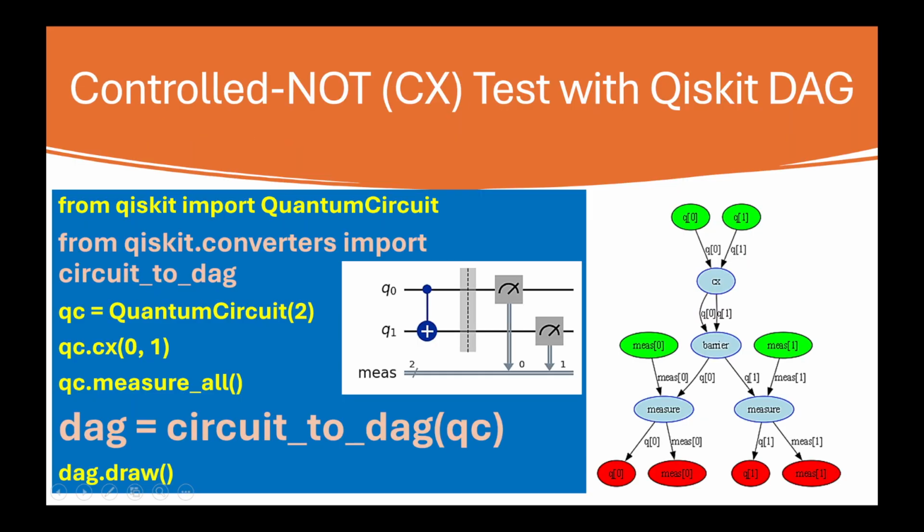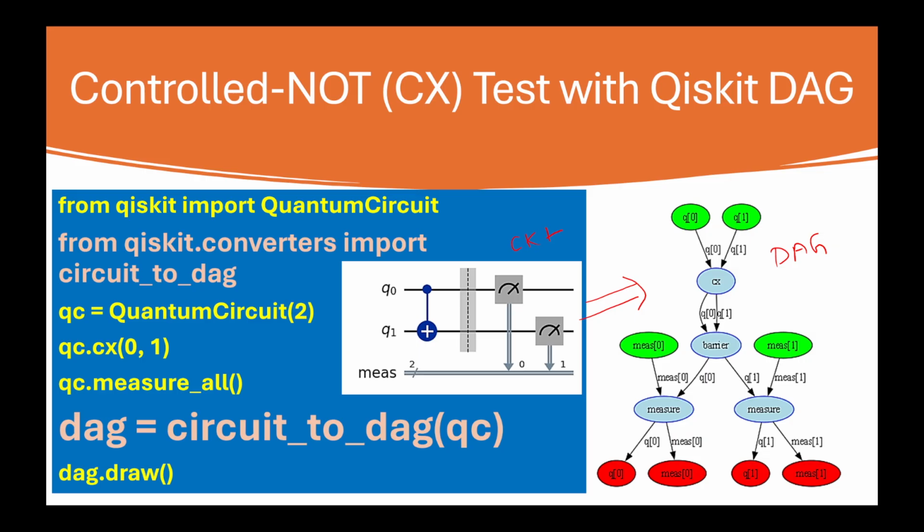Now, how are quantum circuits designed in Qiskit, and how do we design a DAG graph? In this slide, I'm going to discuss these two parts: the circuit part and the visualization of the DAG graph.